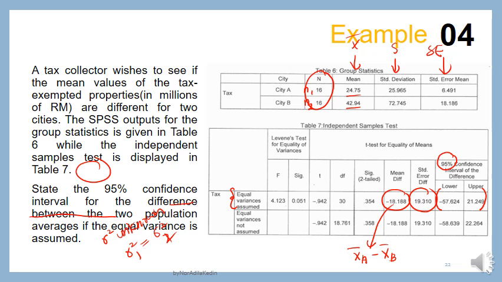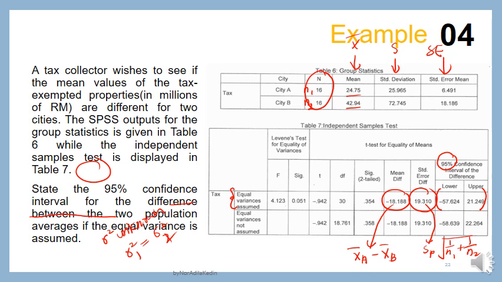So you kena tunjuk juga cara pengiraan. Okay, dan untuk standard error ni adalah pooled standard deviation darab dengan... So formula untuk pooled standard deviation juga awak boleh refer slide sebelum ni.